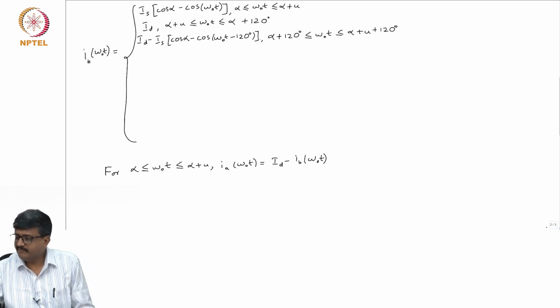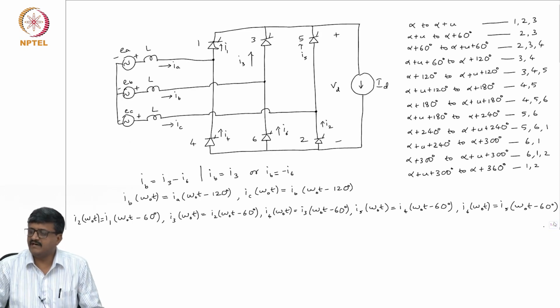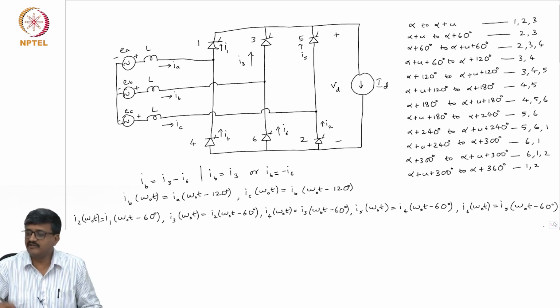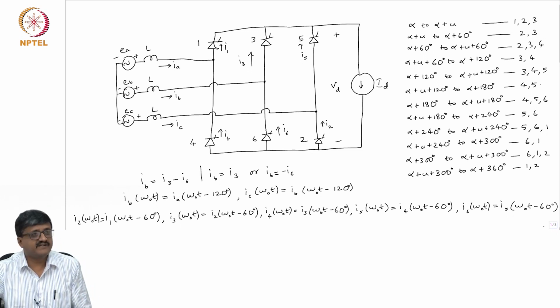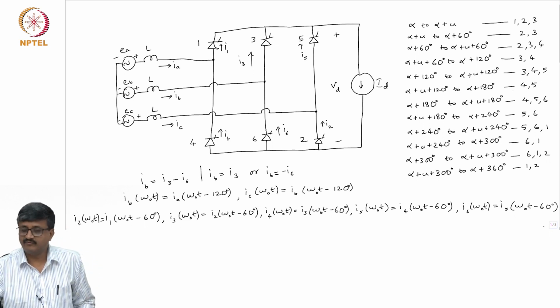Then what happens after that? So, come back here, alpha plus u plus 120. After alpha plus u plus 120, the next subinterval is the one where only 4 and 5 conduct. When 4 and 5 conduct, IB is 0. So, that 0 value of IB holds up to alpha plus 180.